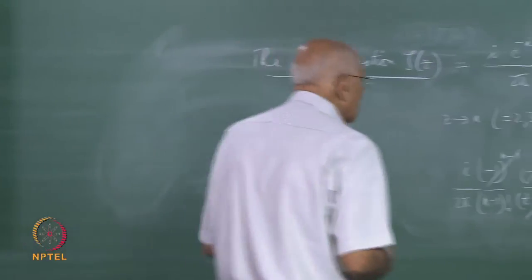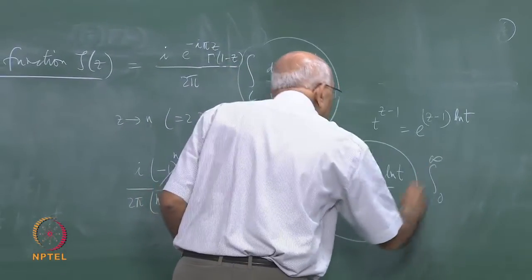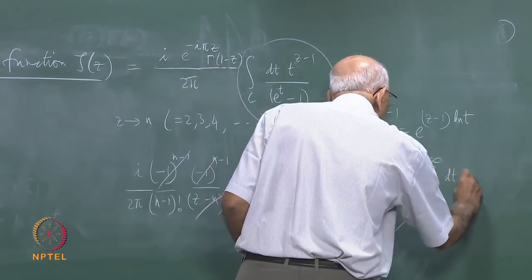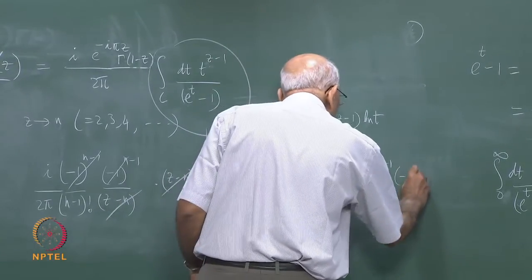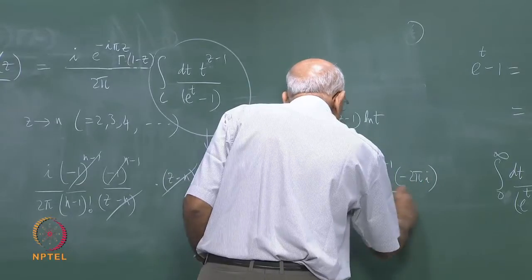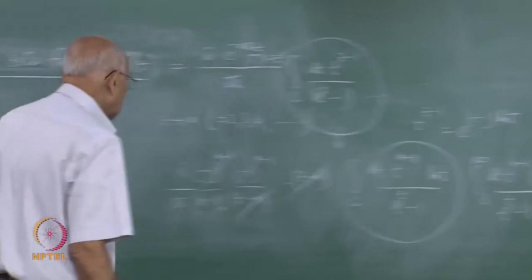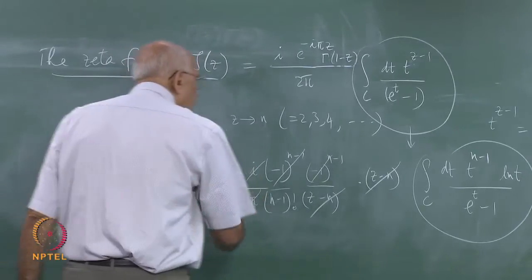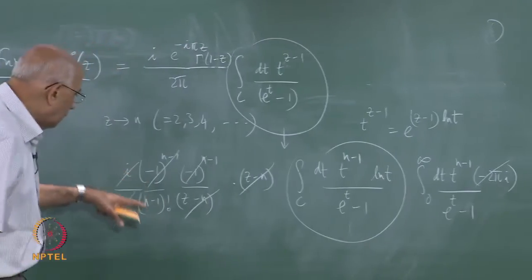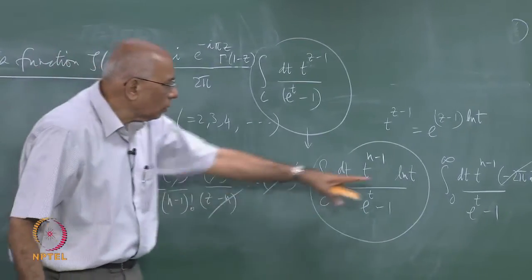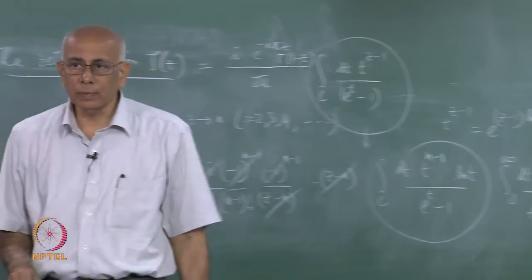So I could write this as an integral from 0 to infinity dt t to the n minus 1 times minus 2 pi i over e to the t minus 1, and then the 2 pi and the i cancel with the minus 2 pi i, and you are left with 1 over (n minus 1) factorial, integral 0 to infinity dt t to the n minus 1 over e to the t minus 1.